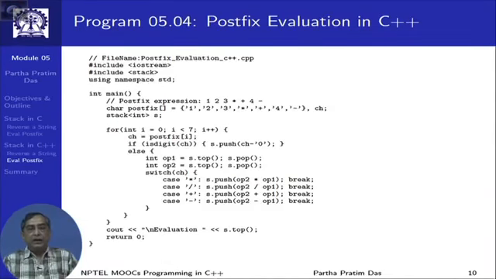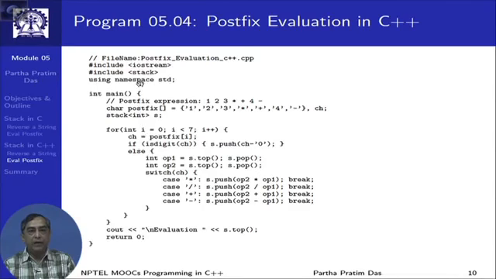I will just proceed from here. If you look into the next example, this is again similar to what we did in C, but now we are doing it in C++ for the postfix evaluation, expression evaluation in postfix notation.